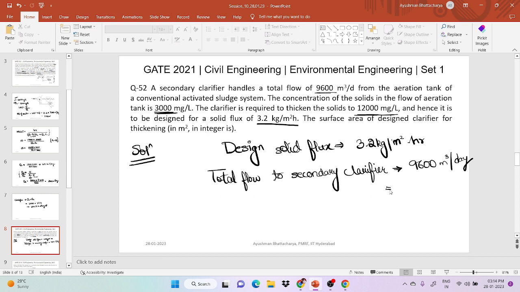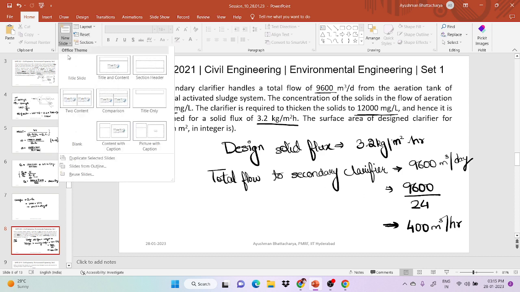Since it is per day, I have to convert it in terms of per hour. 9600 divided by 24 will be 400 meter cube per hour. Okay. So this we know, total flow rate in meter cube per hour.